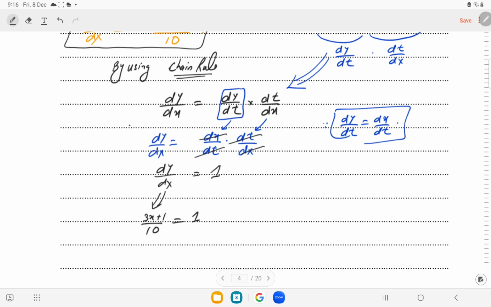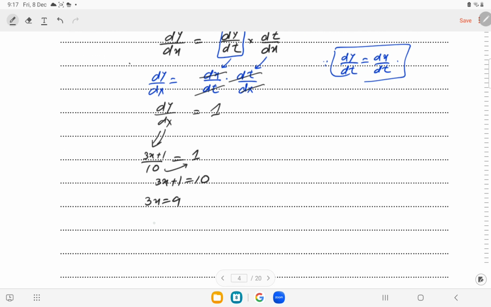Now simplify for the coordinate of x. Doing the cross multiplication, we get 3x plus 1 equal to 10. So 3x goes to be 9. And finally, x will be 3. That is the required result, what has been asked.